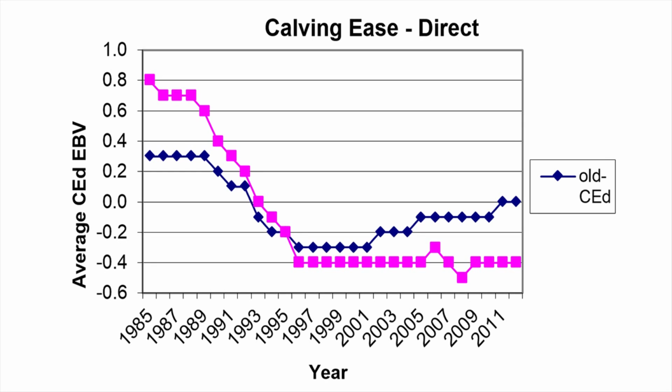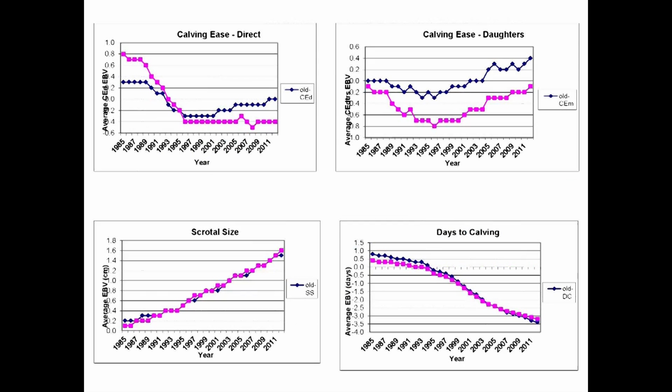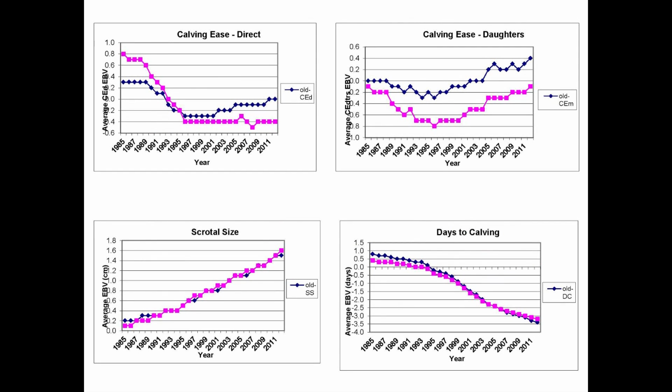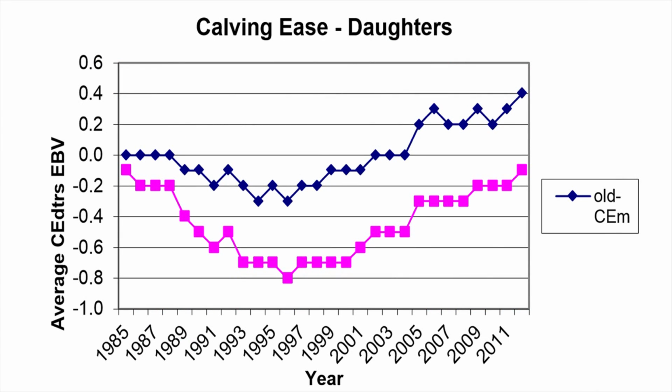That's because we got a better understanding of the relationship between birth weight and gestation length particularly, and calving ease, and the trends in those things have not been as favourable for calving ease as we thought they were. Calving ease in the daughters is a combination of direct and the maternal effect, and that's the old trend. So that was actually going upwards somewhat.